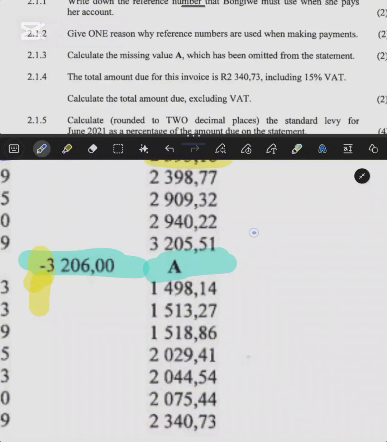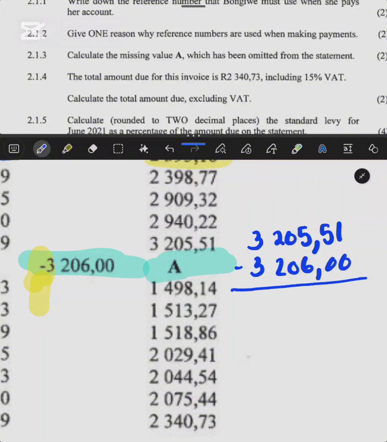So I'm going to go 3205,51 and subtract the 3206. When you subtract those, you are going to get a negative answer because you can see they did overpay by 49 cents. So we're just going to say our balance over here should be negative 0.49. That's my answer for that one.